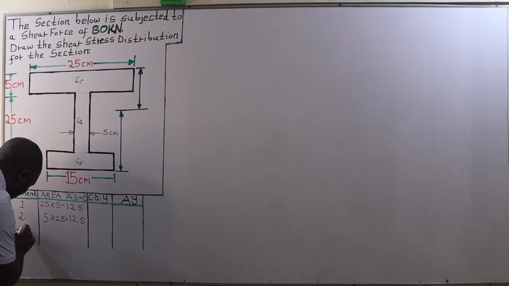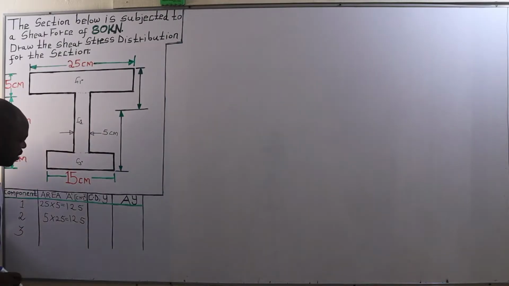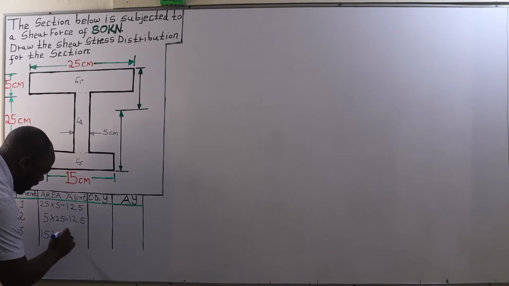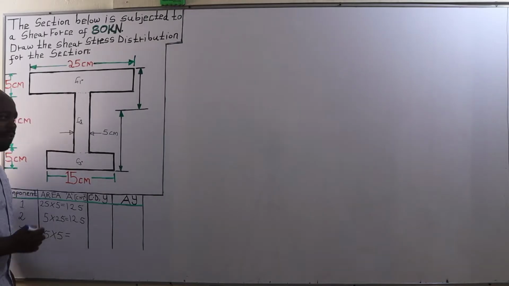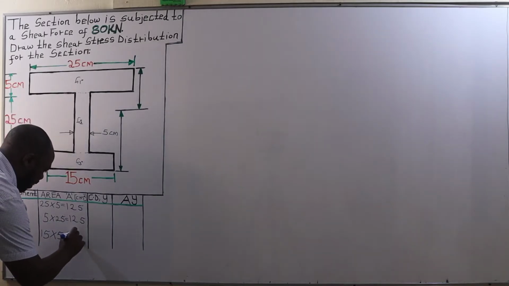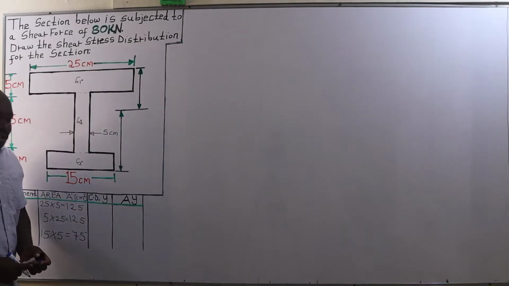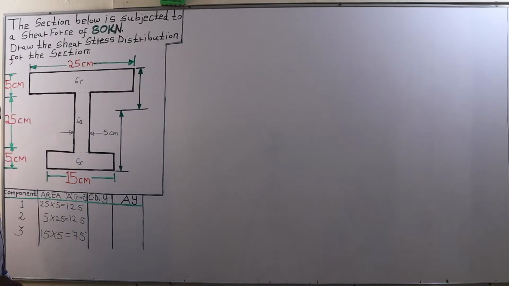Finally, the third component has a breadth of 15 centimeters and a depth of 5 centimeters, which is 75 square centimeters. Those are the areas of the three components.